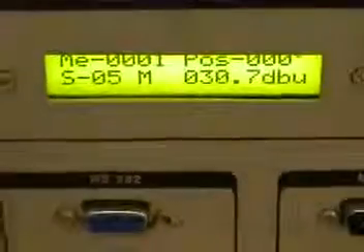As you can see, the signal strength right now has fallen down to 30 dB microvolts, which shows that the cross polarization discrimination of the dipole probe is of the order of 20 dB, which shows the quality of the probing system we are using.